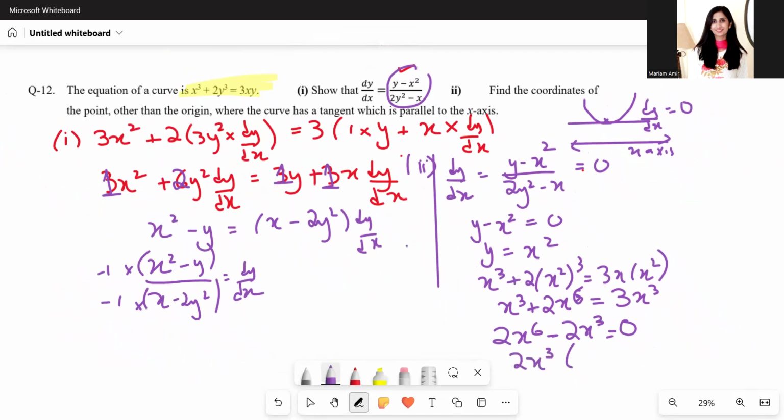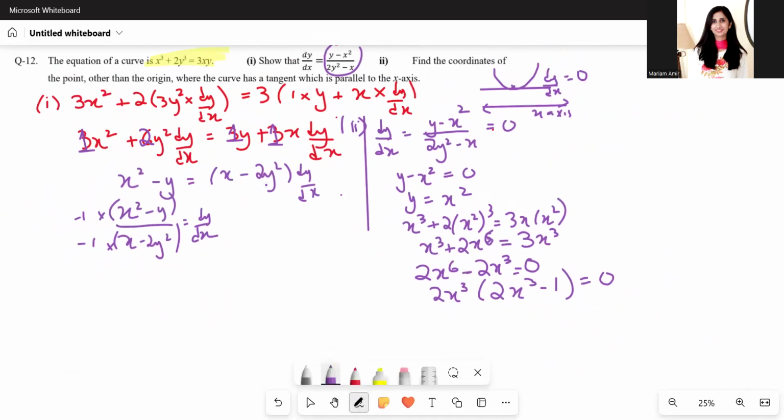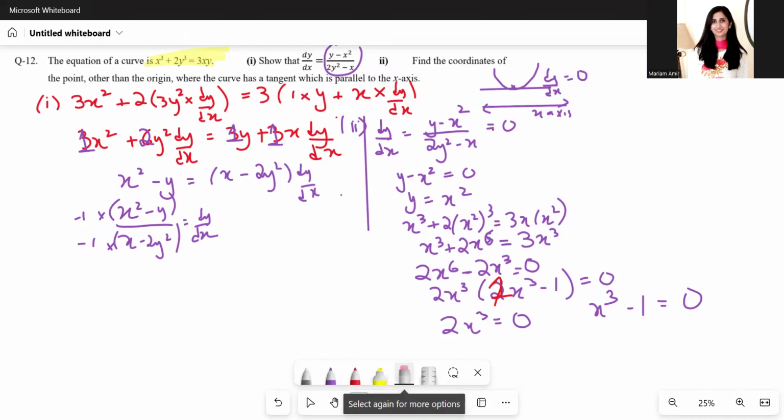So we get 2x cubed times 2x cubed minus 1 equals 0. All right, there's a mistake in this factorization: this should have been x cubed minus 1. Okay, so we have a 1 here.